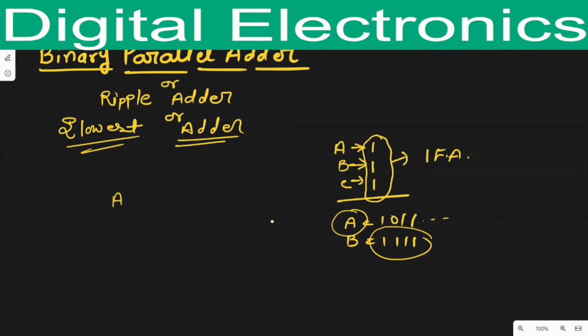Suppose our data A equals A3, A2, A1 and A0, and data B equals B3, B2, B1 and B0.